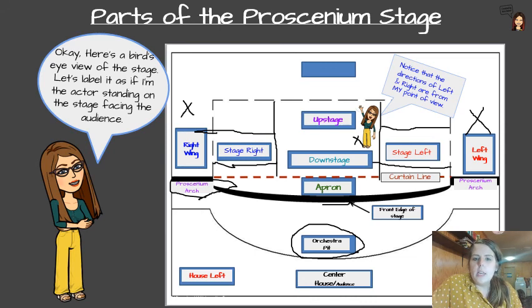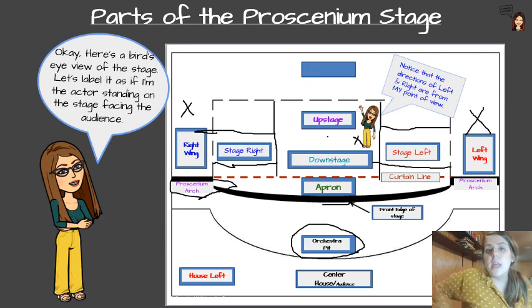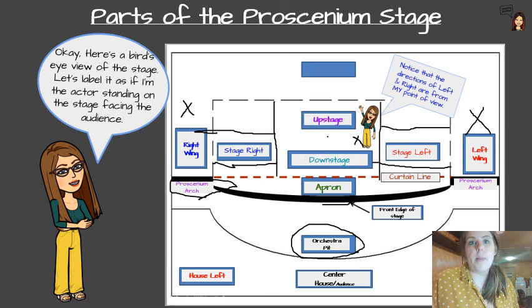And then this right here, I'm going to just put a circle right there. That itty bitty circle right there is what I call, and what most of us call, dead center or center stage. That's typically where actors feel like they need to go, especially new actors. And if you walk into our auditorium, which you will in a couple of weeks, you'll see that we actually have a giant circle in the center of the stage.